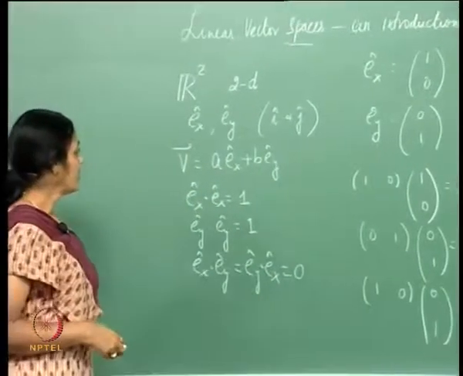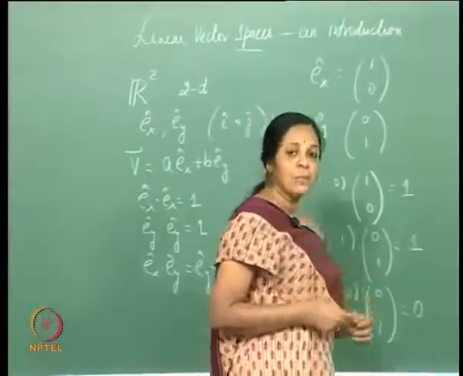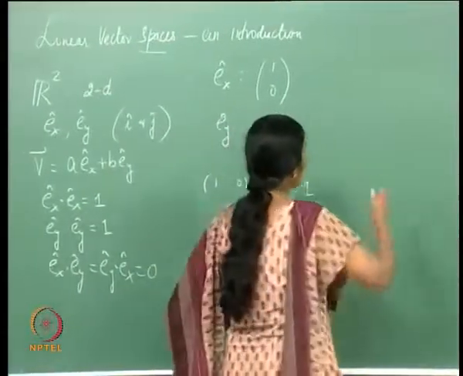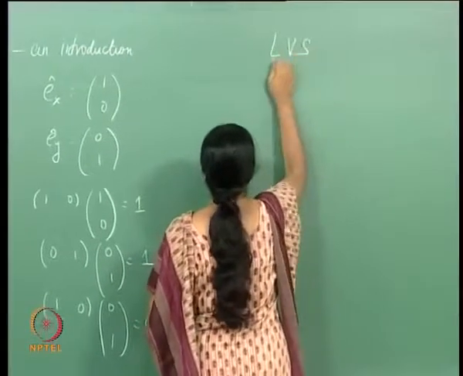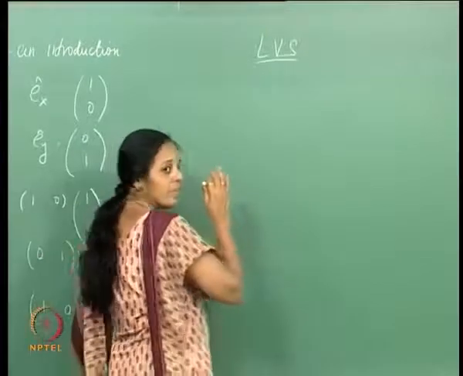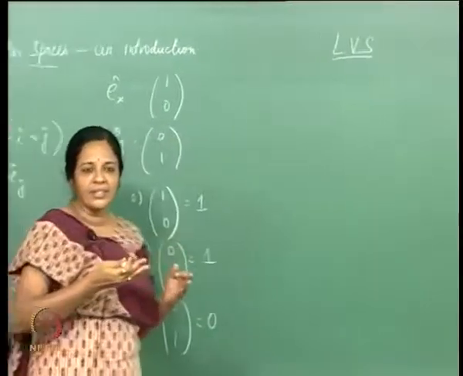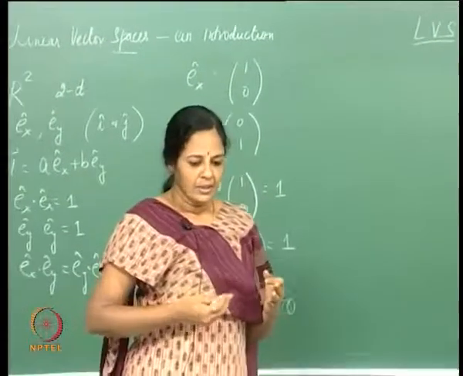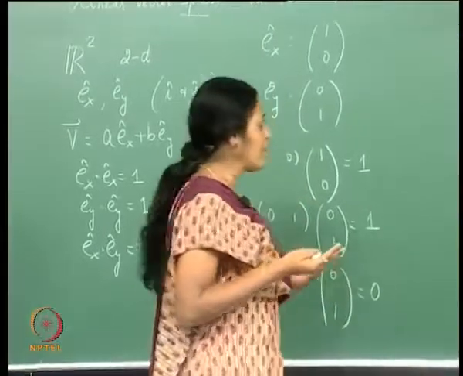I've started with giving you an example of a linear vector space, the simplest that I can think of. So what are the properties of a linear vector space? I have to define what happens to states in this linear vector space when I do addition or when I multiply by a scalar.